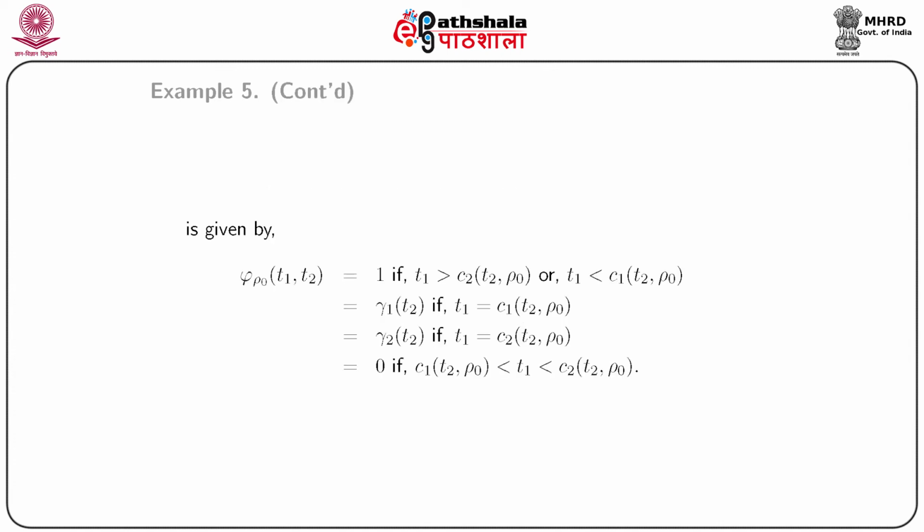psi(T1, T2) equals 1 if T1 is greater than some C2, which depends on T2 and rho naught, or T1 is less than some C1, which depends on T2 and rho naught; equals gamma 1 if T1 equals C1; equals gamma 2 if T1 equals C2; and equals 0 if T1 lies between C1 and C2.